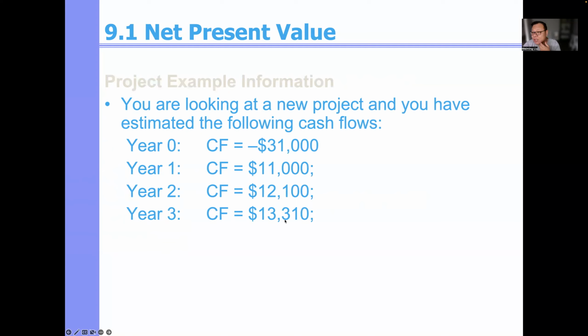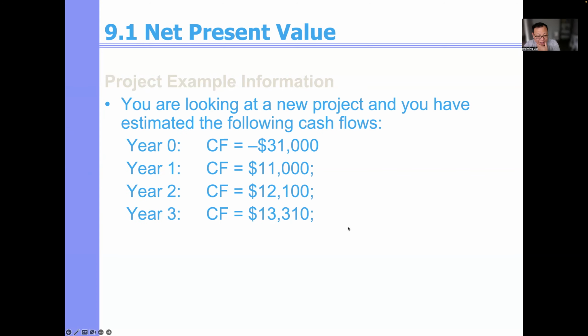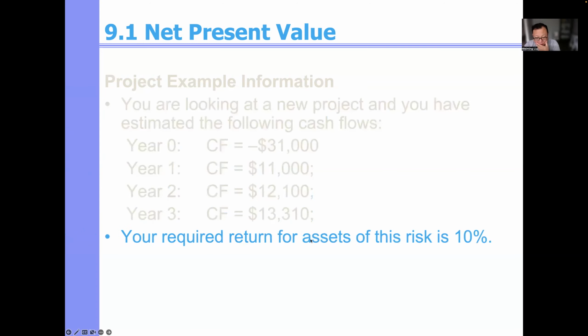Year three, 13,310. So that's the cash flow structures. So cash outflow, that's your initial investment at the very beginning, 31,000, and then at the end of each year, you have some kind of cash flow back. If you consider the risk, and then you require the return to be 10%.